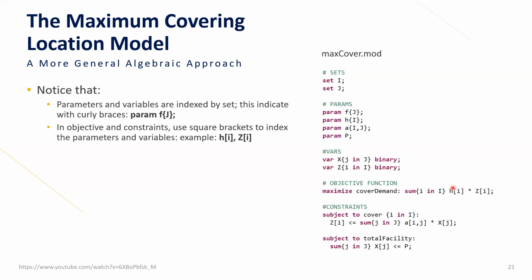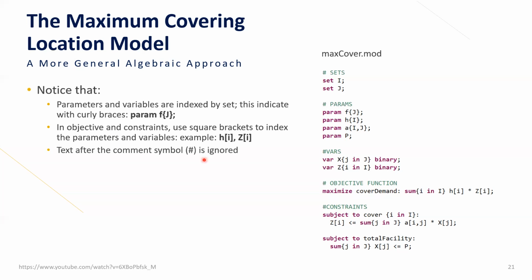The index is written in square brackets. This one represents the set, this one represents the index. And for the constraint, for all i in I, this one is the set, this one is the index z[i]. That's the thing you need to notice.